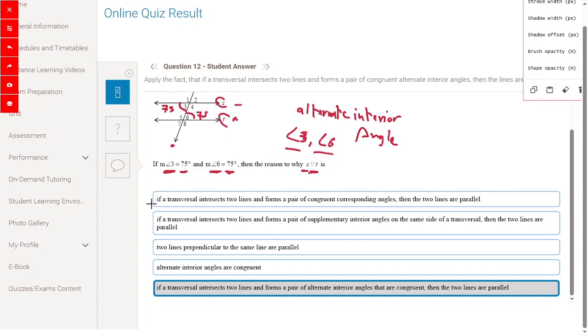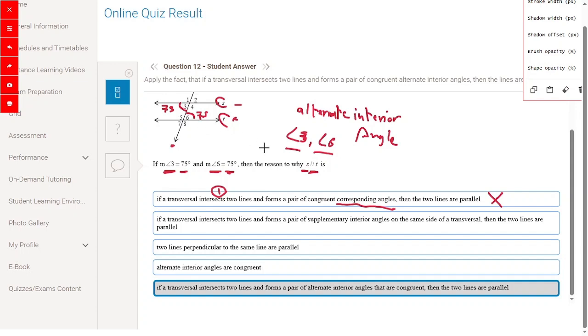Let's see here. First one, if a transversal intersects two lines, this is condition number 1, and forms a pair of congruent corresponding angles. Are these two angles corresponding? No. So for this question, this answer is wrong because there is no congruent corresponding angle mentioned in the question.